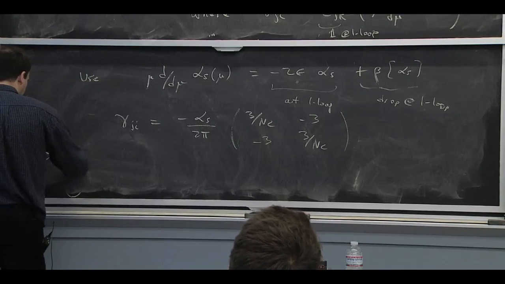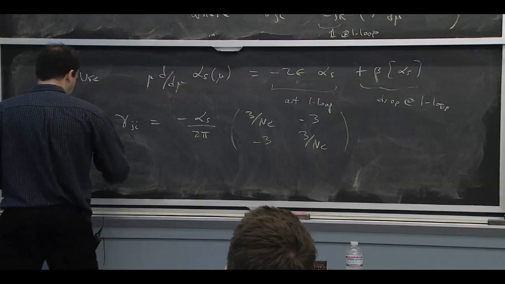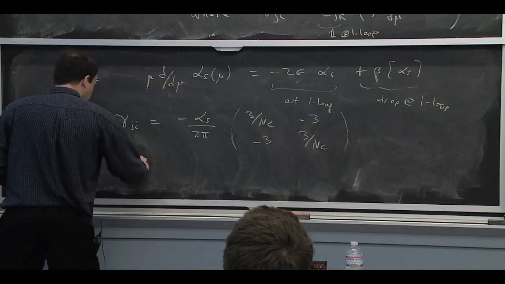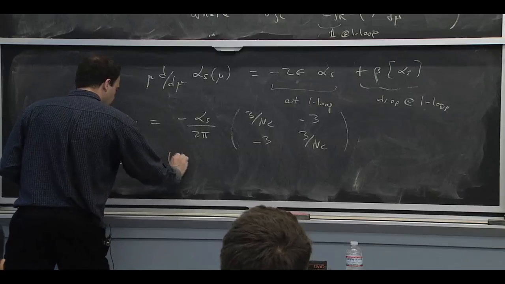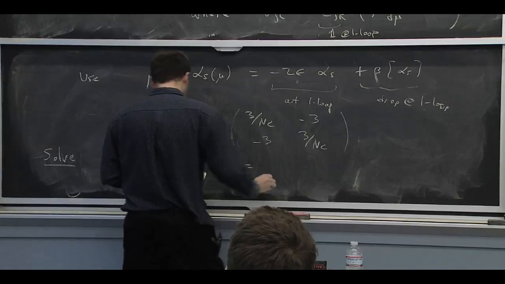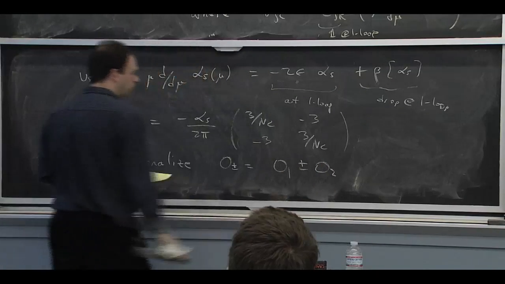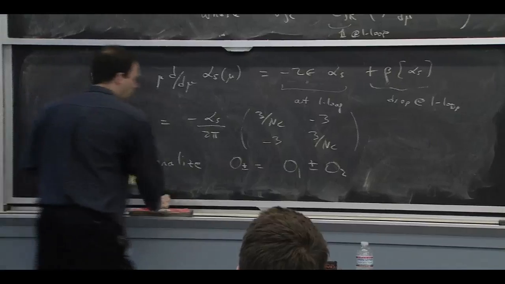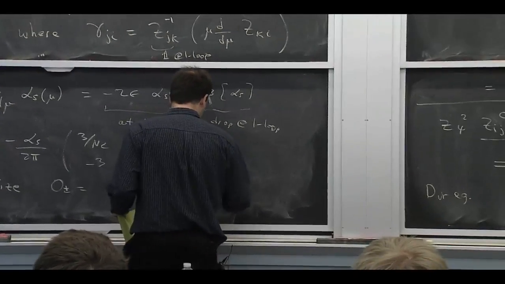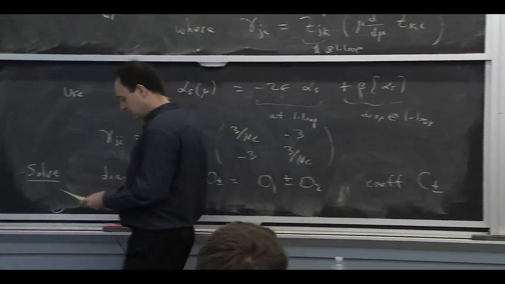So if you want to run the operators in this theory, just for completeness, you would diagonalize by forming O1 plus or minus O2. Call the coefficients of those new operators C plus or minus in an obvious notation.